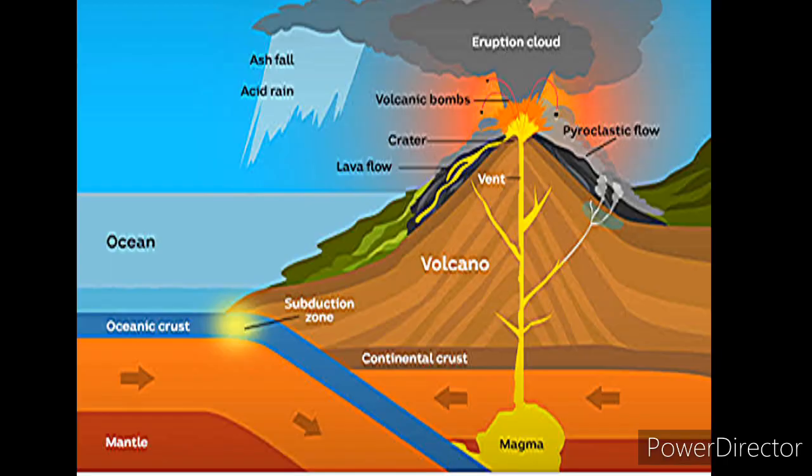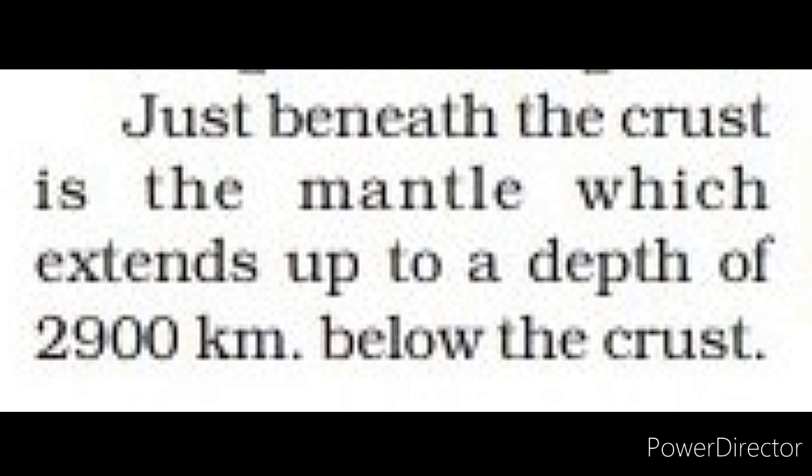There is a basic difference between the upper mantle and the lower mantle. The upper mantle is liquid in state and the lower mantle is solid. The upper mantle is the main source of magma, the main reason for the volcanic activities we see, which happen because of the movement of molten magma or the movement of tectonic plates. So you all have the basic structure of the mantle.